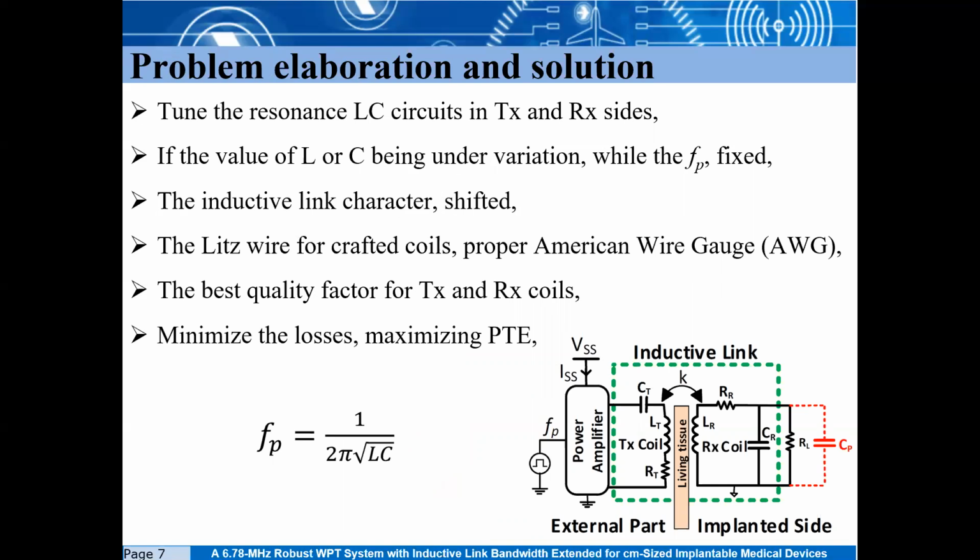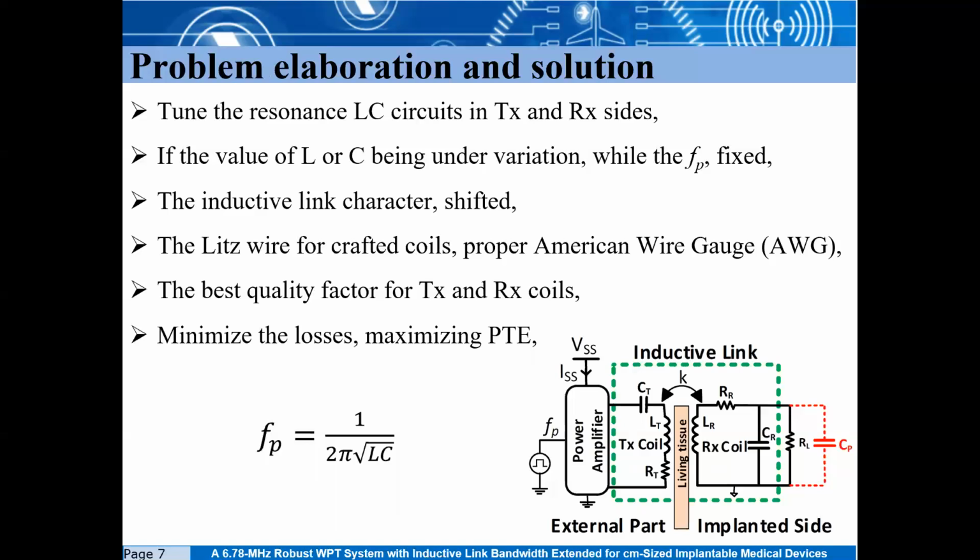For more elaboration, the resonance LC circuits on the TX and RX sides are tuned by this equation. In this condition, if the value of L or C is under variation while the FAP is fixed, the inductive link character will be shifted.